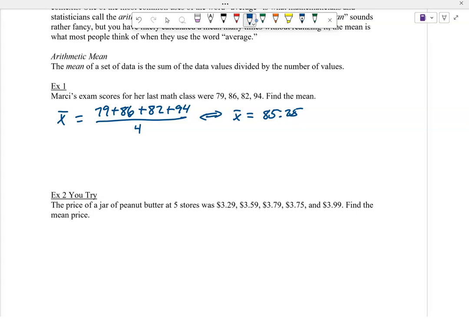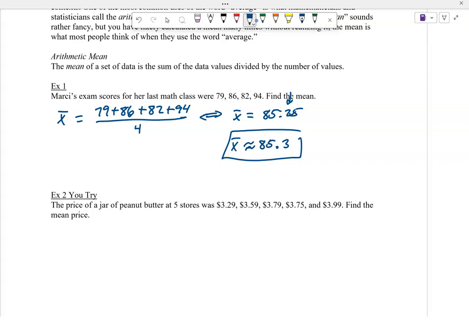Typically we like to round to one more decimal place than the original data. Notice the original data has no decimal, so we'll go to the first tenth to be a little more accurate. So it's approximately 85.3, our mean.